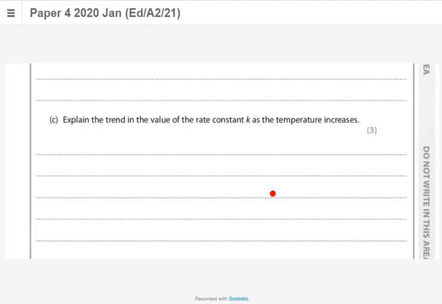there will be more molecules with energy greater than the activation energy.